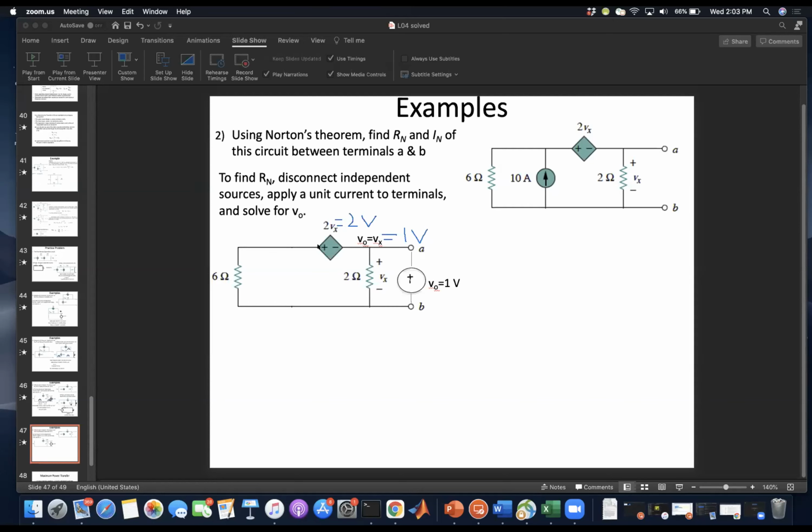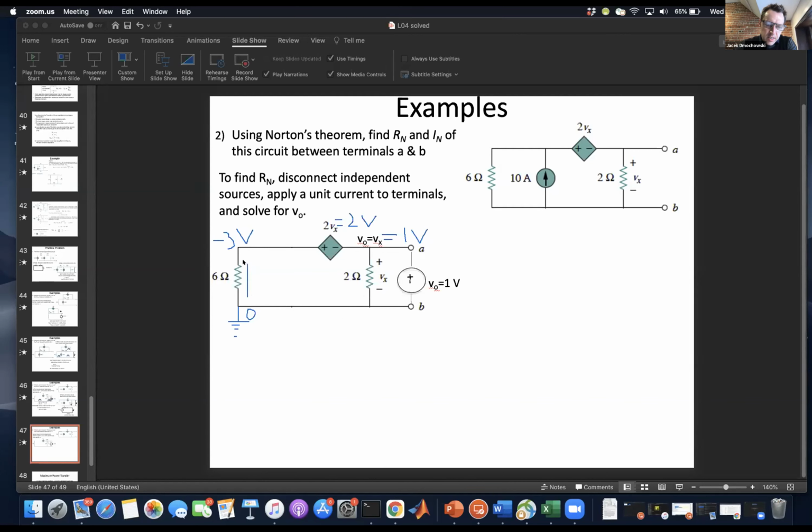Would the voltage from the 6 ohm resistor be -1 then? Well, yeah, this node will be grounded, right? So this is sitting at 0 volts. And then you go -1, -3, I believe. This is -3 volts.